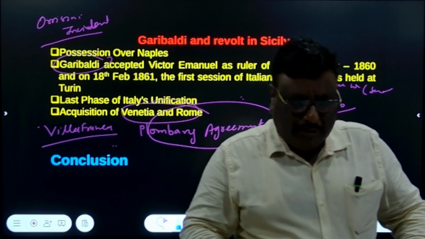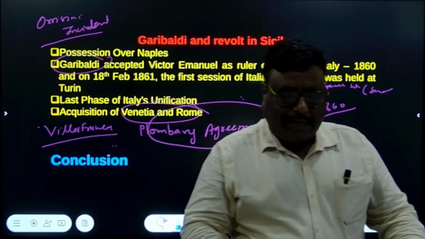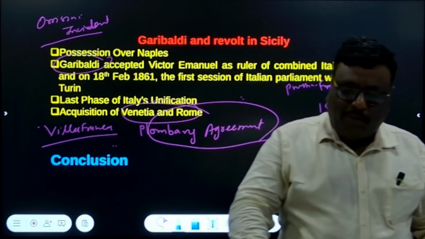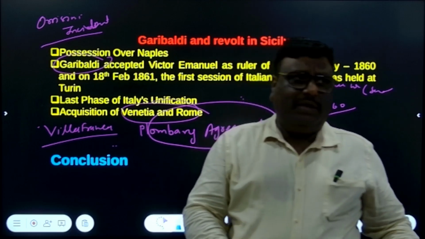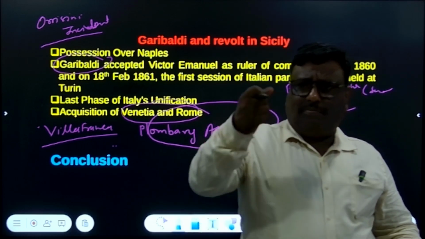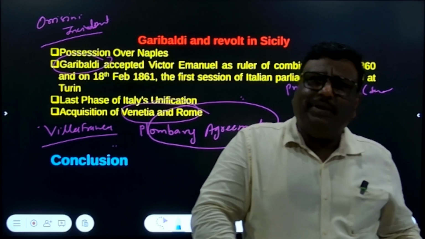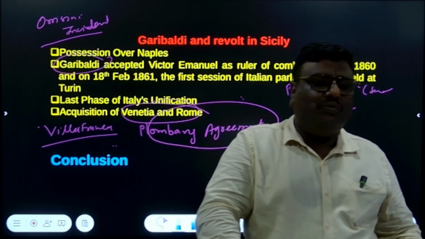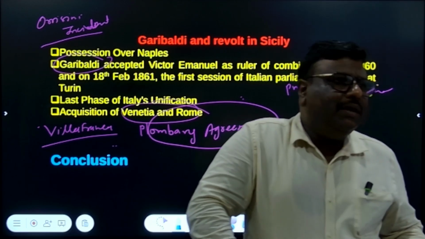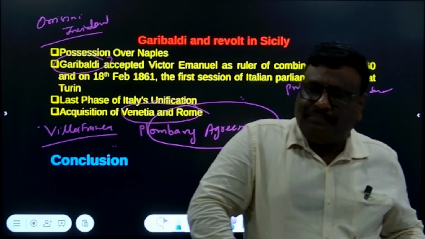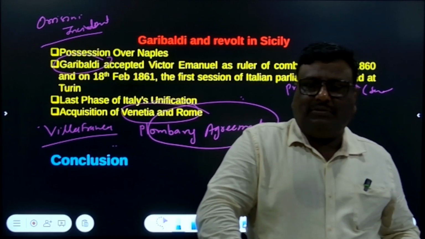So there was a superficial unity in Italy, but the Italian people still lacked harmony. Through power, if you merge some regions into your state, do you think it would be long lasting? No. For the time being, you can unite the people through power, through force.